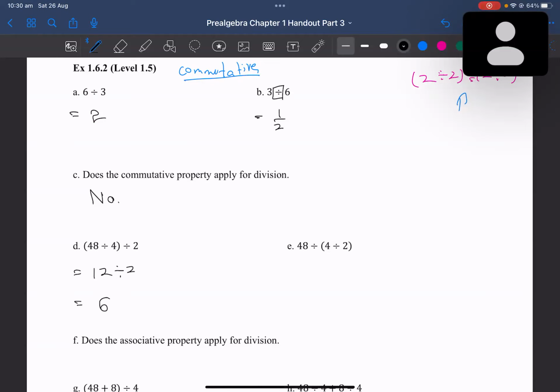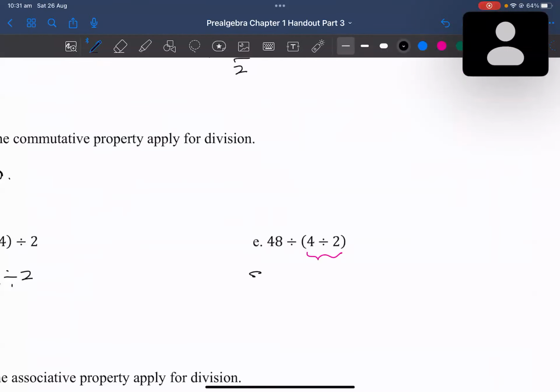Do you think E is the same? No, right? Here we put the brackets first, so we have to do this division first. So 4 divided by 2 is 2. So it ends up being 48 divided by 2. What's that? We're in part E now. 24.